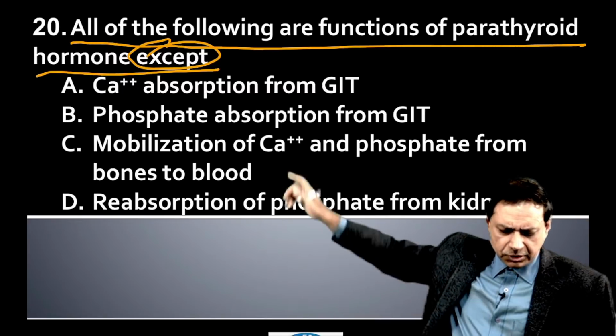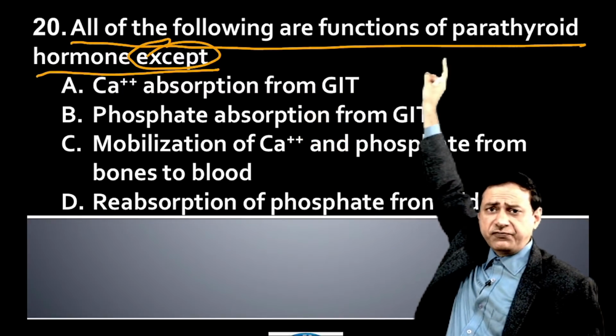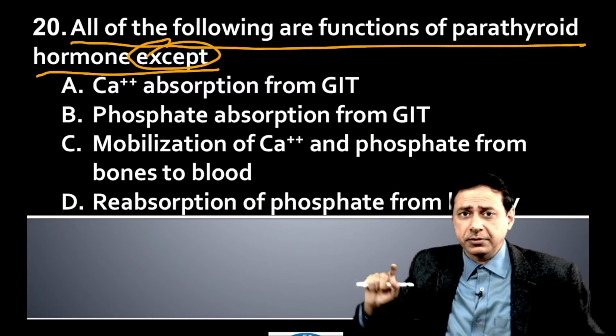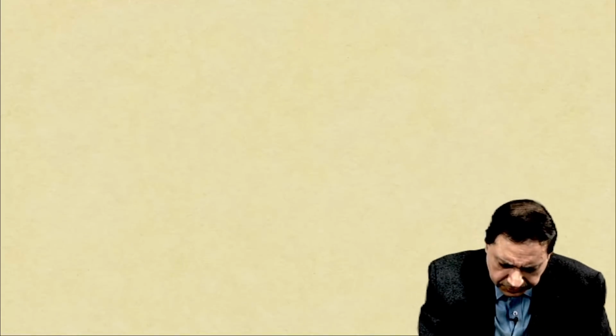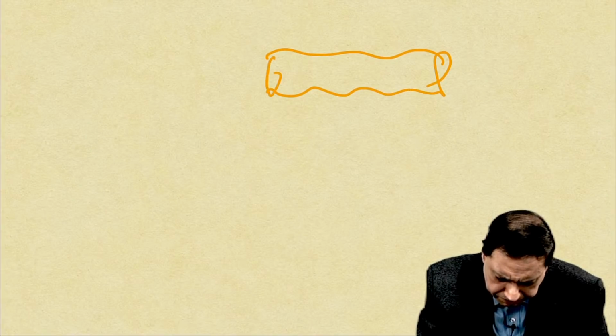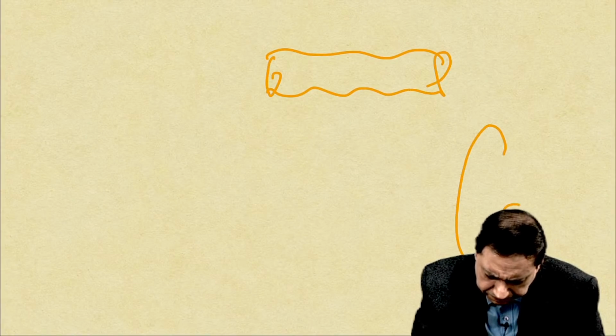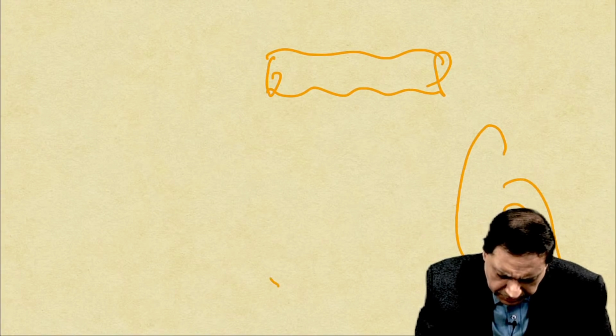Okay, see this question. All of the following are functions of parathyroid hormone except. Now, parathyroid hormone function, just see, this is intestine, this is kidney, and this is bone.